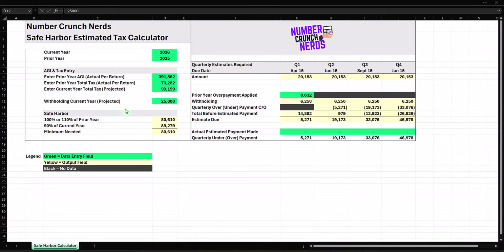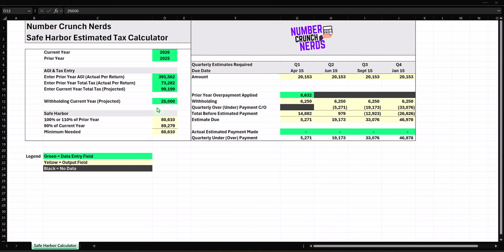Now, in the last example, we said that this $25,000 was the estimate of withholding for the entire year. But let's change the assumption. Let's assume now that this withholding was the actual amount of withholding that was incurred in Q1 on all transactions that actually happened in Q1. So this $25,000 is now an actual number for Q1 specifically.